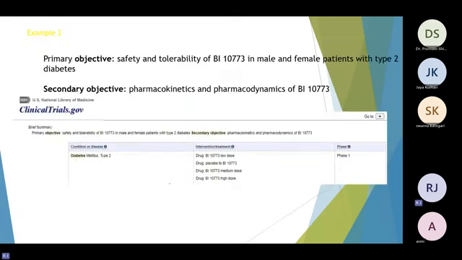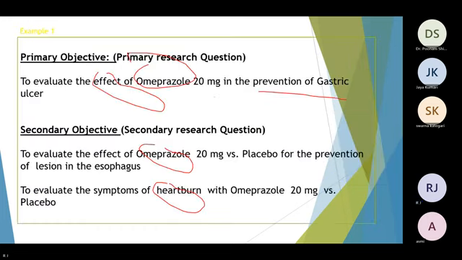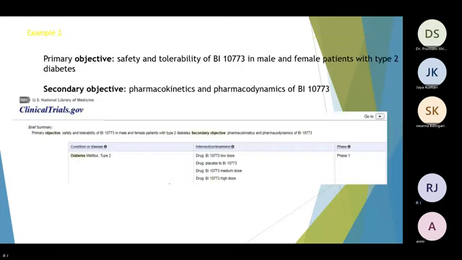Okay, so these might be my secondary objectives, my secondary research questions. Okay, now let's see one more example.